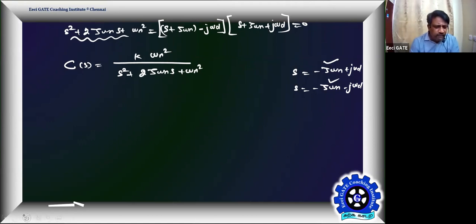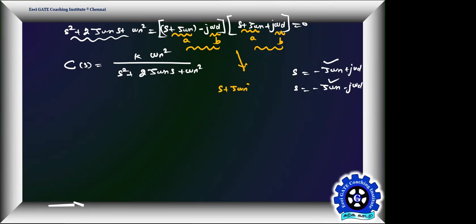Now the pole factor form resembles this is A and this is B. This resembles A plus B, this resembles A minus B. So what is A plus B into A minus B? A square minus B square.